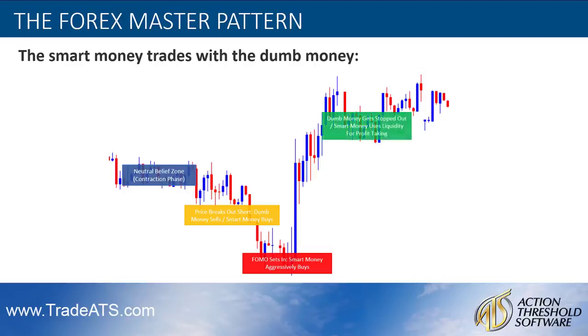And then as all those traders get stopped out as the market goes up, the smart money uses that liquidity to take their profits out of the market, and then the market sets up again and starts going back into the contraction phase. Like I said, it's just a way of doing business.